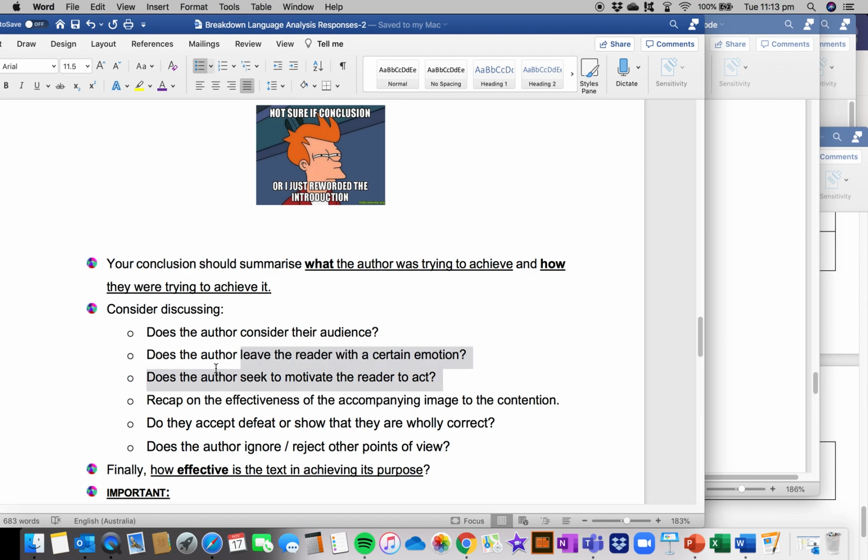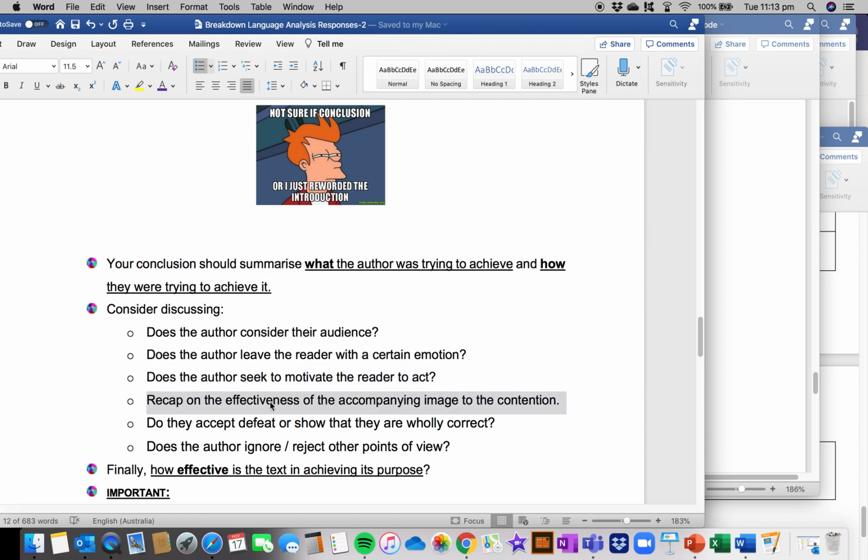And on that, does the author seek to motivate the reader to act? So is there a call to action? And it could be something tangible, like I urge you to write this letter to the MP or a politician. Or it could be something more subtle, like I urge you to check in with your friends. It could be an "Are you okay?" day. So are they urging us to do something?